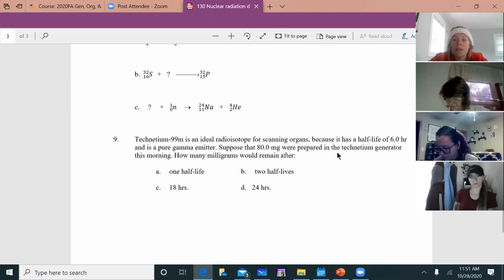Suppose that you have 80 milligrams to start with. How many milligrams would remain after each of these? 1 half-life, 2 half-lives, 18 hours, which is just the same thing as 3 half-lives, and 24 hours, which would be the same thing as 4 half-lives. So you will just go through the process of taking your value, the 80 milligrams, cut it in half for this one, cut it in half for this one, cut it in half, and then cut it in half.